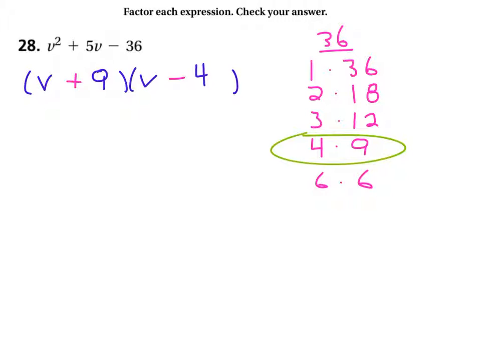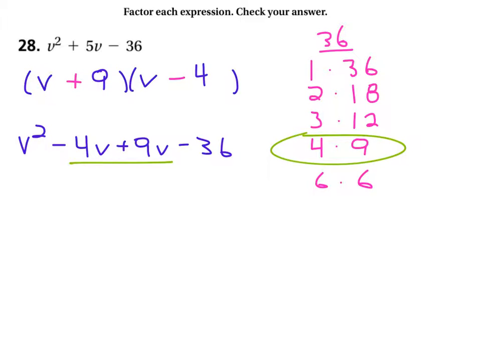Okay? We need to check it to see if we did it right. So let's multiply it back together. V times V, so first, outer, inner, last, right? First, V times V, V squared. Outer, V times -4, -4V. Inner, 9 times V, 9V. And last, 9 times -4, -36. We've got these two middle terms that are alike.